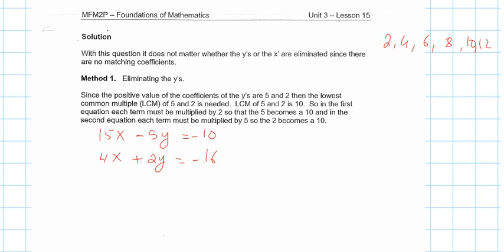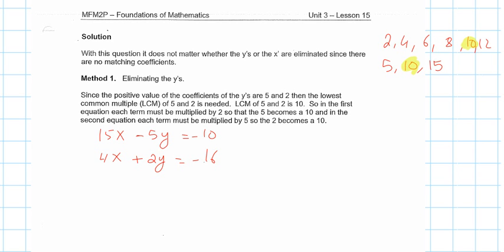Now, what are the multiples of 5? 5, 10, 15. Okay, let's stop for a second. Do you see any common multiple between the two? You see that 10 right here and right here, that's a common multiple, and that's the lowest common multiple.